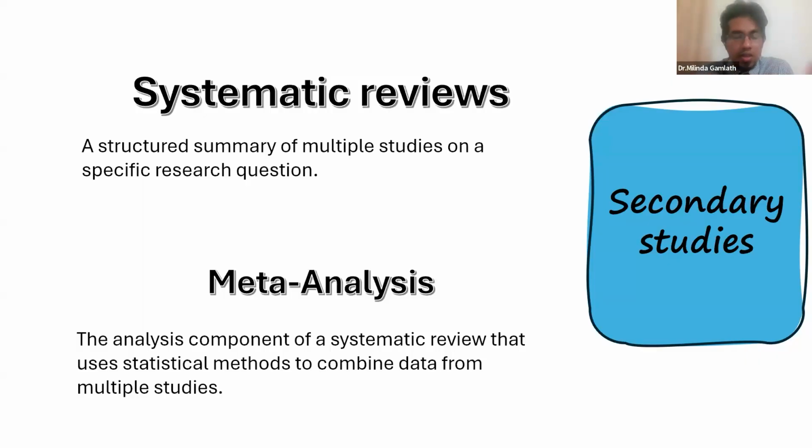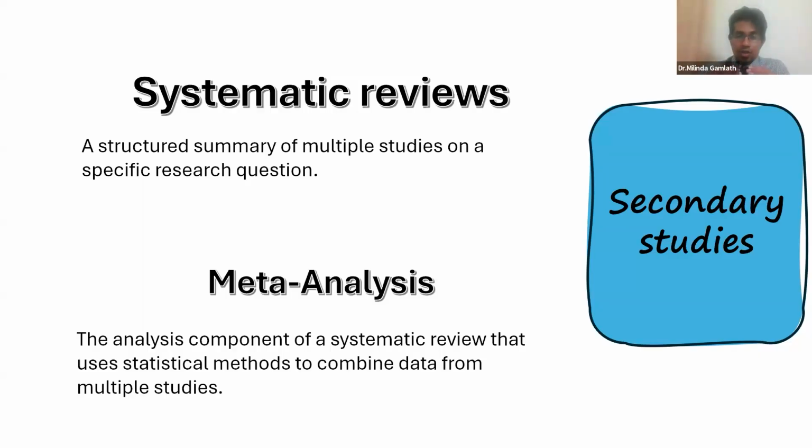In another study in the USA, it might be 9 units. So to combine all these numerical things, you use this special method called meta-analysis. It's not simply averaging those values. It's much more complicated than that. You have to look into different aspects of each study. So that analytical component where you combine numerical data from multiple studies is what is called a meta-analysis.